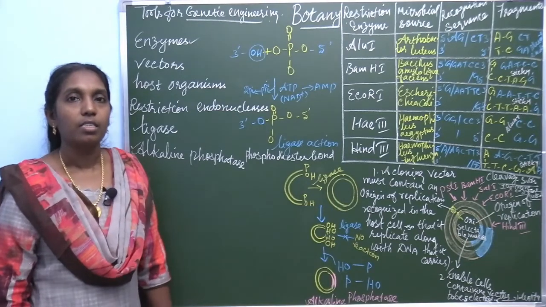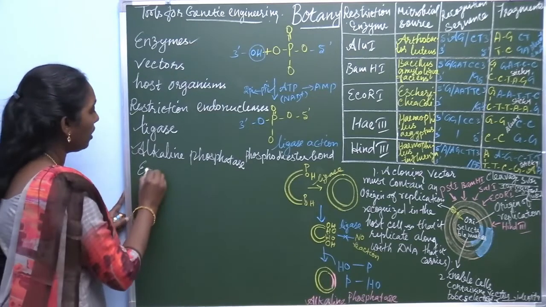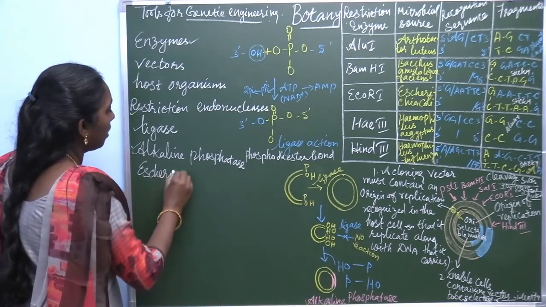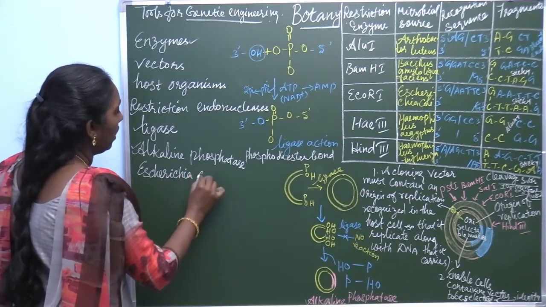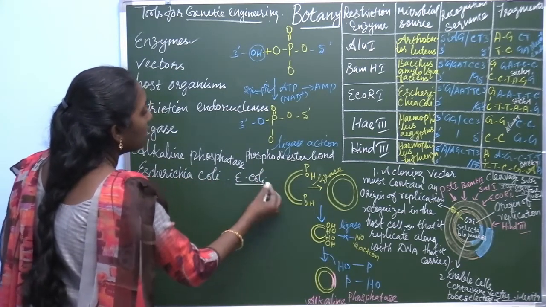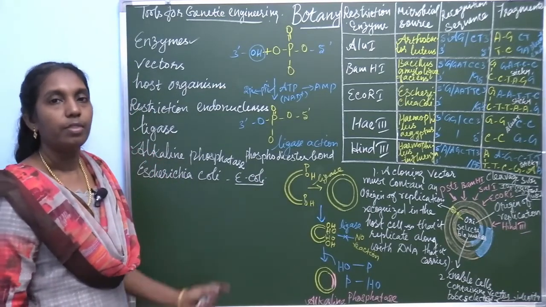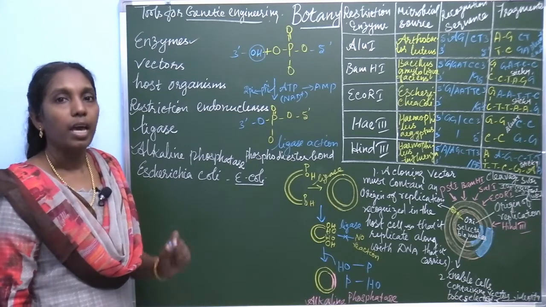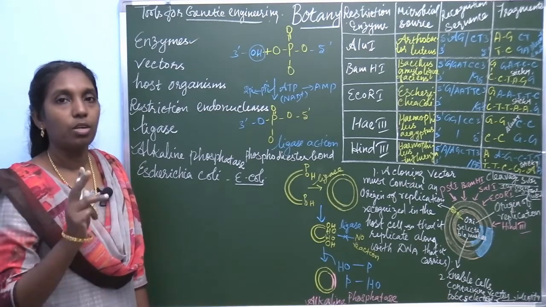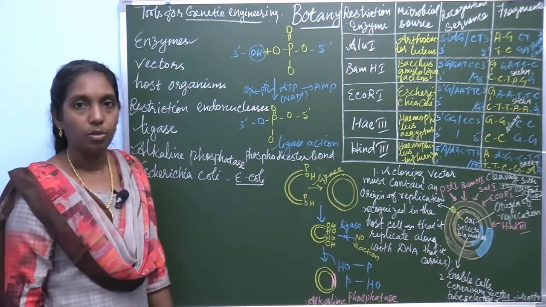There is a common bacteria, you know, Escherichia coli, commonly called E. coli. In this bacteria, Escherichia coli, two different kinds of enzymes are observed.